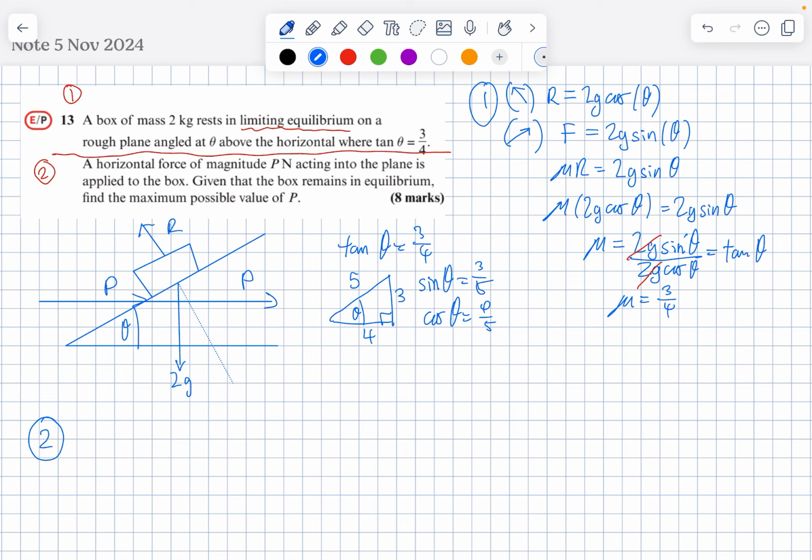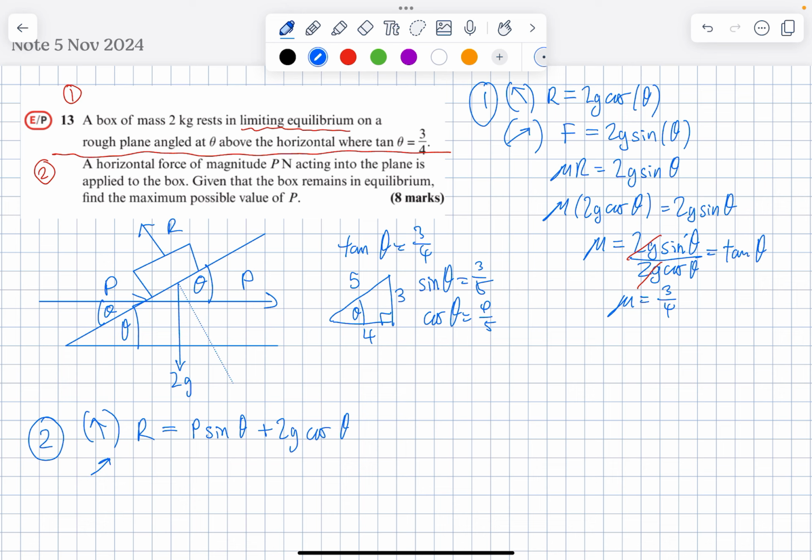So now, using our alternate angles, if that's theta, and using vertically opposite angles, that's theta. Right, so vertically, I've got R still. I've got no other forces going up, but I've got P sine theta, that's below my perpendicular, and I've got 2G cos of theta.